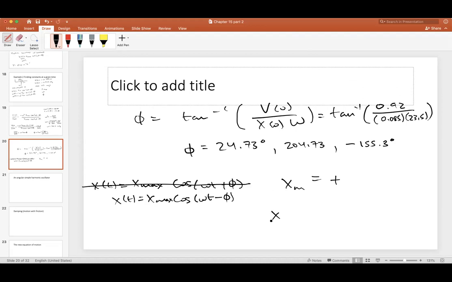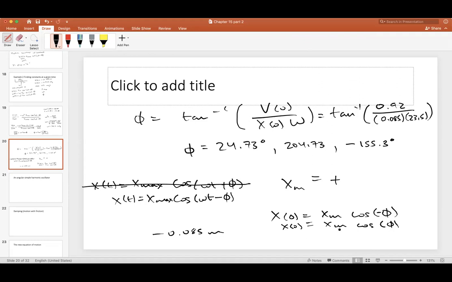And we know x at time 0 has to equal x max times cosine of whatever our phi is with a negative sign, right? But it's cosine. It can be a positive sign. It doesn't matter, right? This has to equal x naught. And x naught, we already know, was negative 0.085 meters. X max cannot be negative.